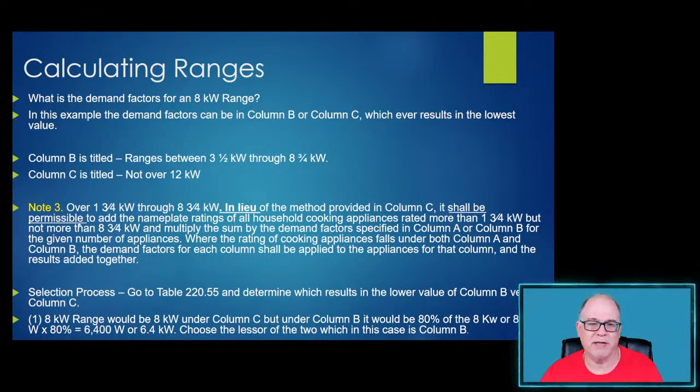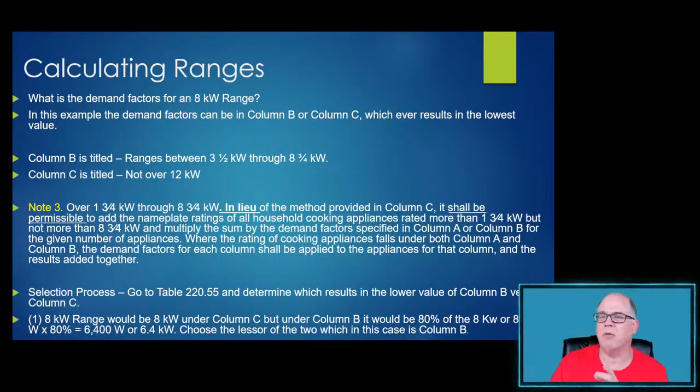What does it say in note 3? Well, here's what it says. Don't worry, I put it on the screen for you. It says, when it's over 1 3/4 kW through 8 3/4 kW, in lieu of the method provided in C. So that means you don't have to use C if column B or column A, whichever one you're using, results in a better value, then I can use that instead of, or in lieu of, the value that's in column C. But I still have to compare the two because column C might be the best answer still.